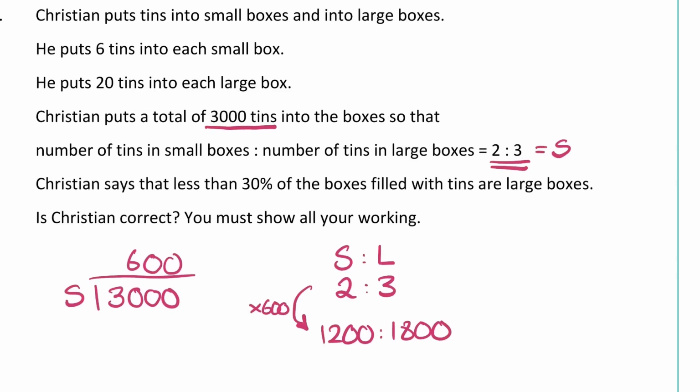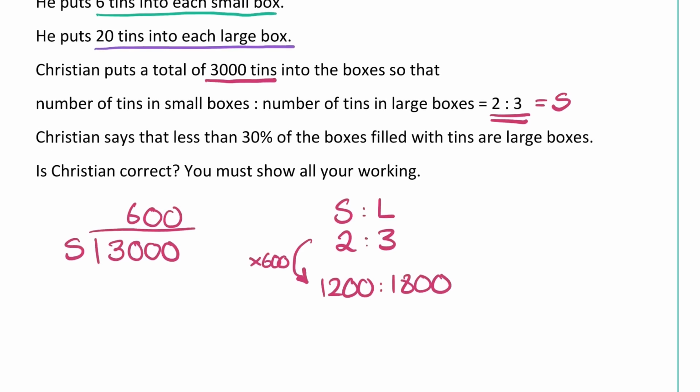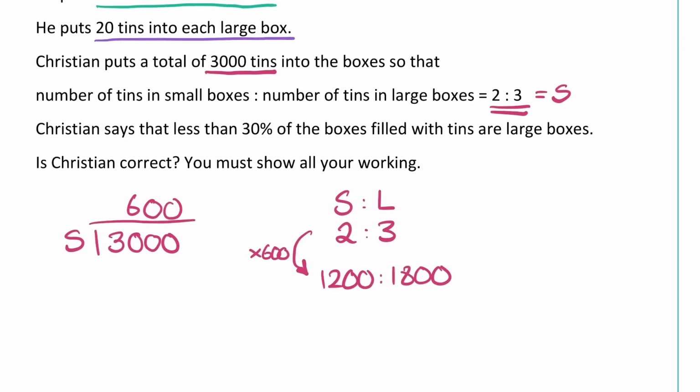Now it tells us that there are 6 tins in each small box, and there are 20 tins in each large box. So to split this now into boxes, we have here 1,200 divided by 6. You could do this to the side, I'm just going to do it below the ratio. And 1,800 divided by 20 to split that up into the amount of boxes. So you might want to write next to that the fact that we are now turning it into the amount of boxes, and before that it was just the amount of tins that we had.